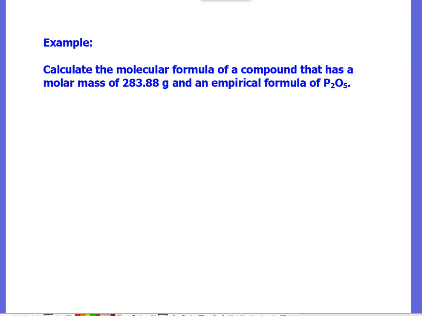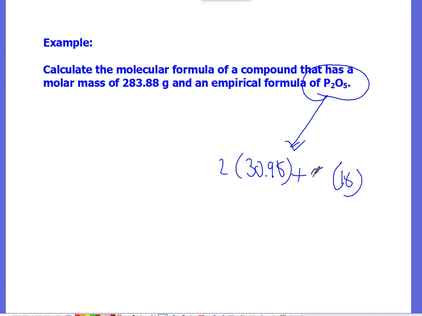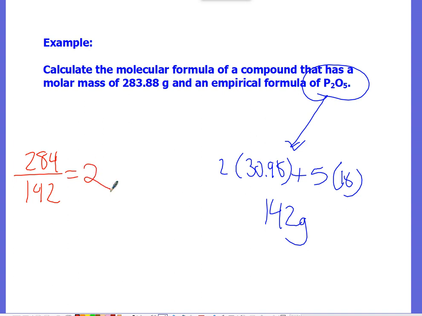So here we have this formula here, which I go to the periodic table, and I have 30.98 times 2 plus 16 times 5, and that's 142 grams. 284 divided by 142, the molecule is twice as heavy.